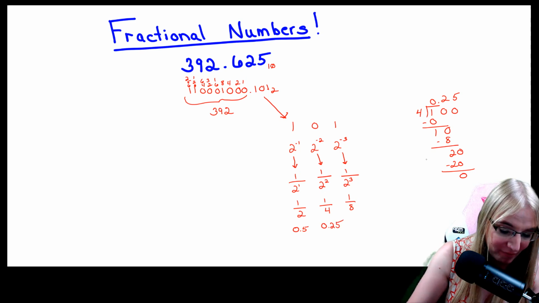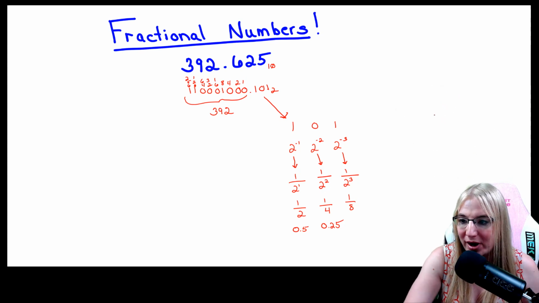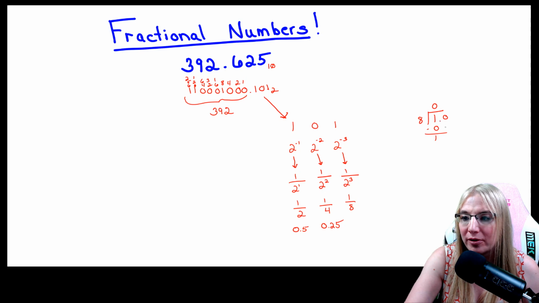And then lastly, we have one more position. So this is going to be our 1 over 8. Again, 8 can't go into 1, so we're going to put a 0 here. Decimal 0. Funny computer, sometimes it does stuff like that.